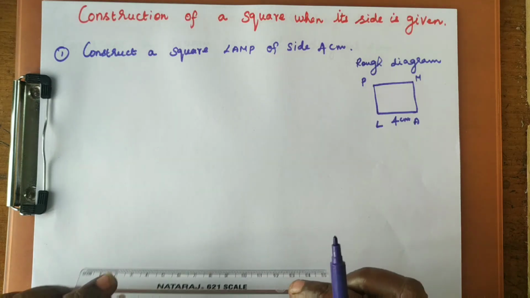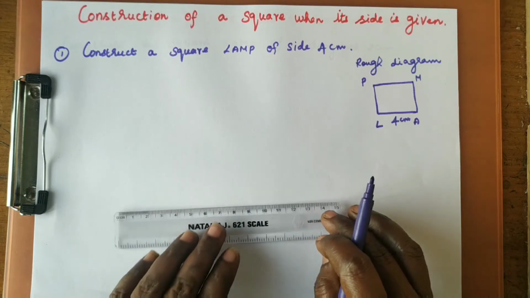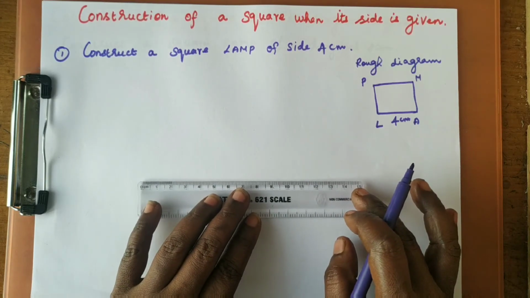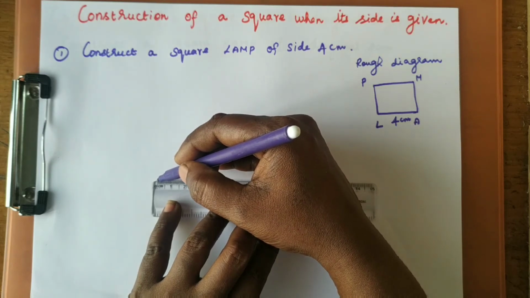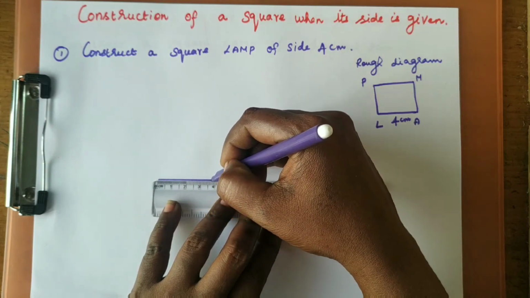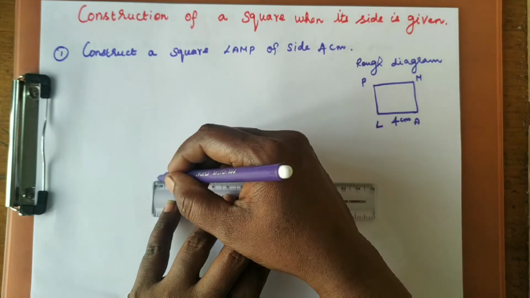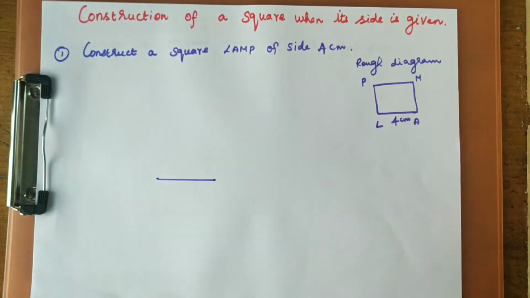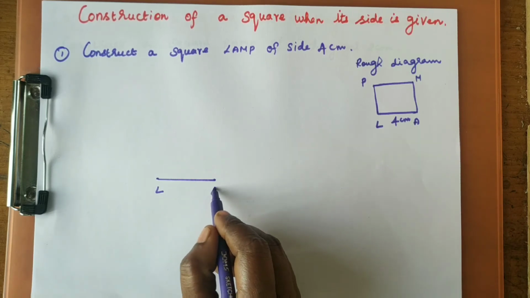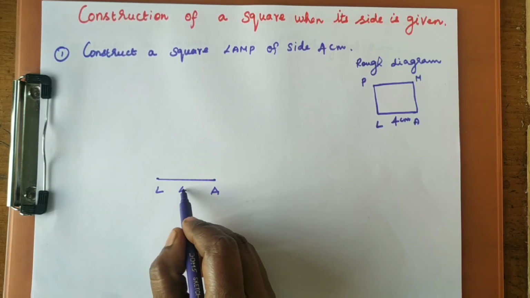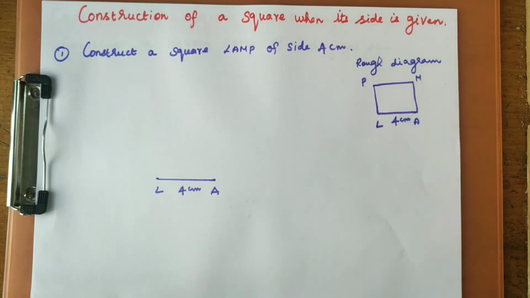First step, draw a line segment of 4 centimeter, and measure exact 4 centimeter like this. So this line segment is LA, so the side is 4 centimeter.